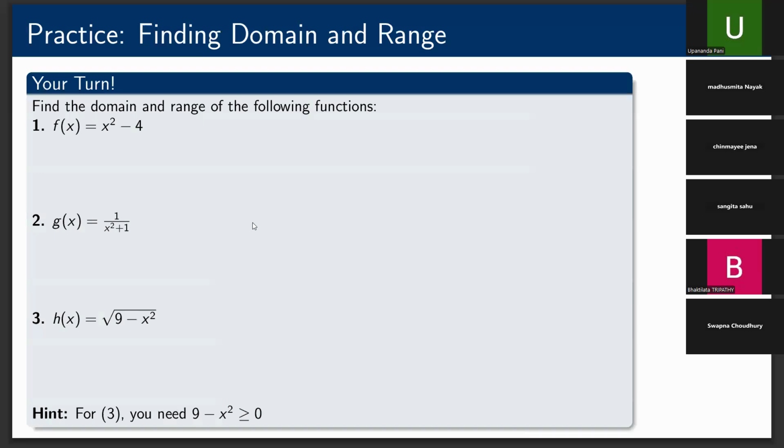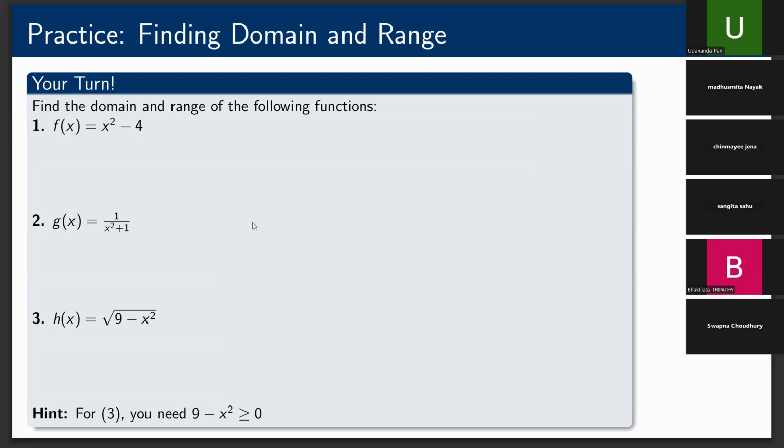Then, in this case, find the domain and range of the following functions. Can anyone please say what is the domain of the first function? f of x equal to x square minus 4. What is the domain of this function?